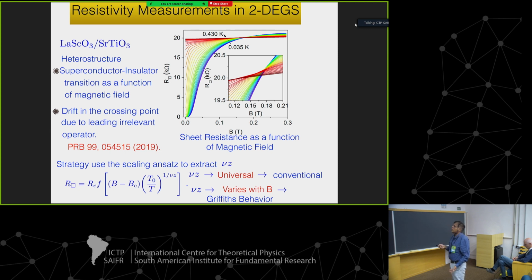What I'm trying to do is parameterize my nu z, or an effective nu z, in terms of its variation with respect to temperature. If this nu z, as I'll show you in a slide from now, happens to be universal, then there's no unconventional physics driven by disorder. Whereas if this nu z varies with the applied magnetic field, then there is some sort of Griffiths behavior.